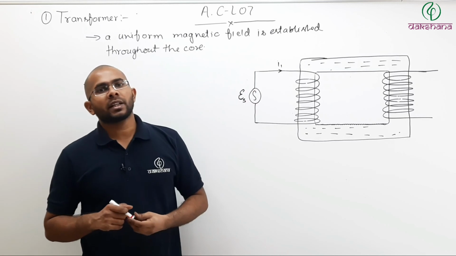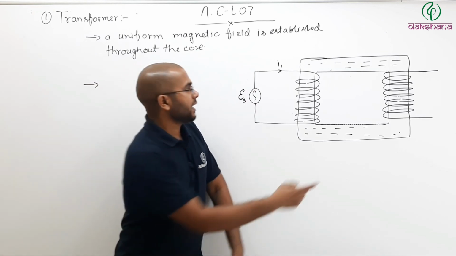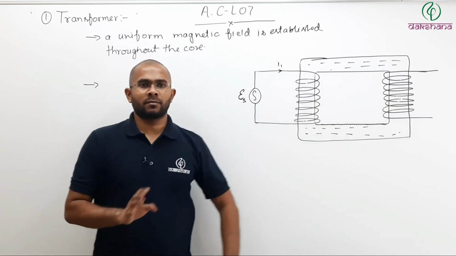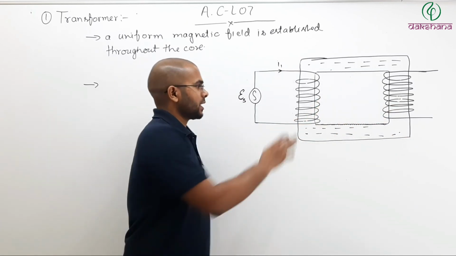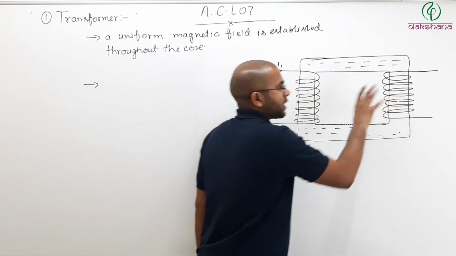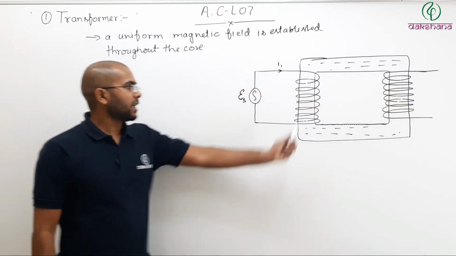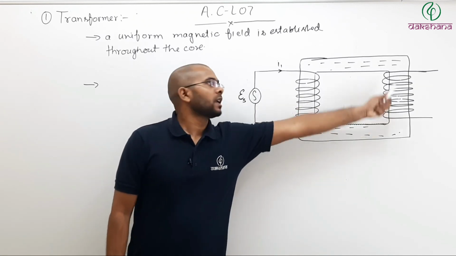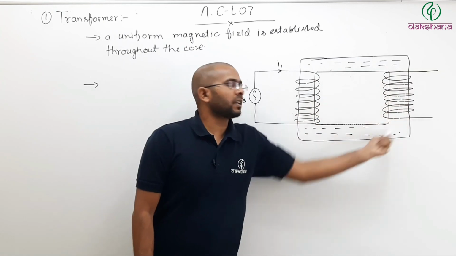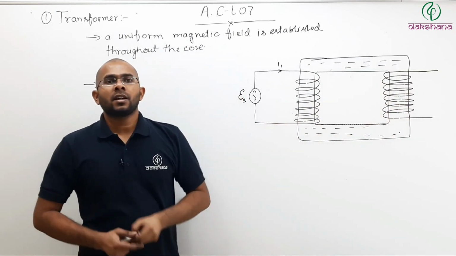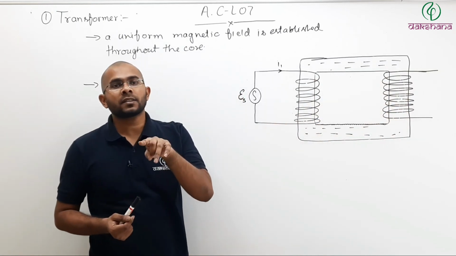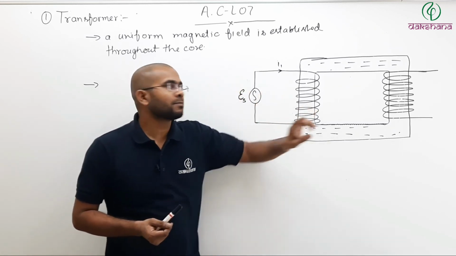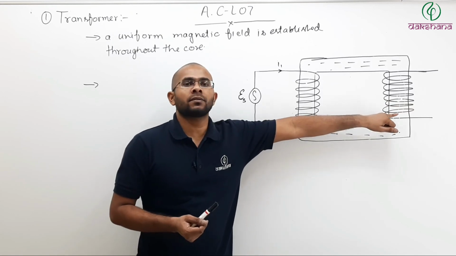We are working under the assumption that the area of one turn in both primary and secondary coil is the same. If the area of one turn in primary and secondary is the same and the magnetic field is the same everywhere, then can I say the magnetic flux through one turn of primary will be the same as the magnetic flux through one turn of secondary.